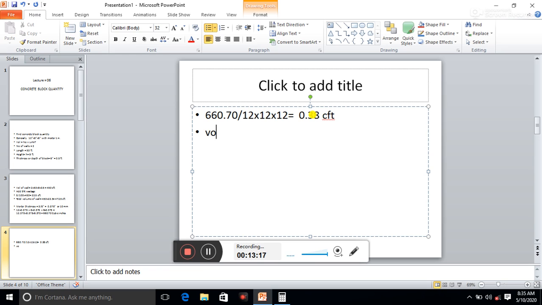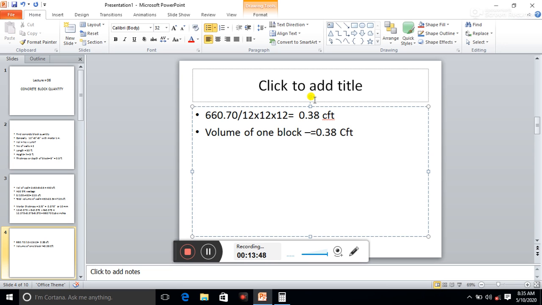So the volume of one block is equal to 0.38 cubic feet.